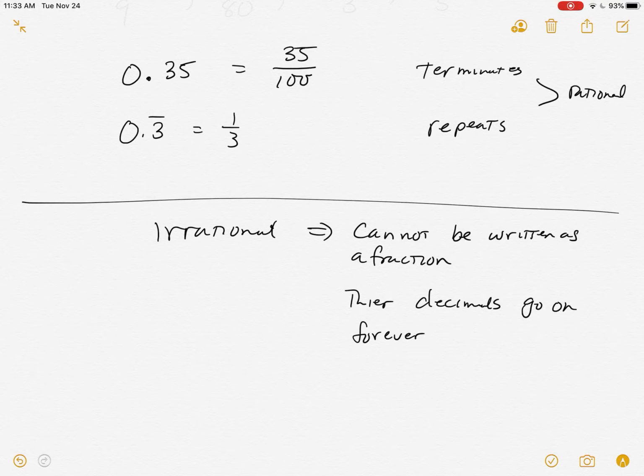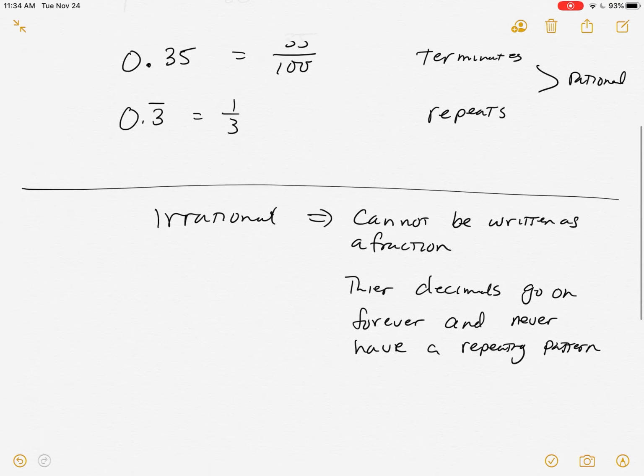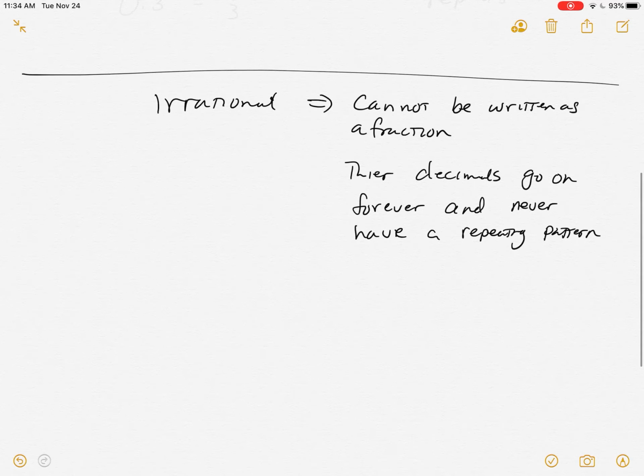They don't terminate like they did with 0.35 and never have a repeating pattern. So even down the road, they won't have a repeating pattern, because if they did, we could do the work that we were doing at the end of 6.3 in order to come up with their fraction representations.